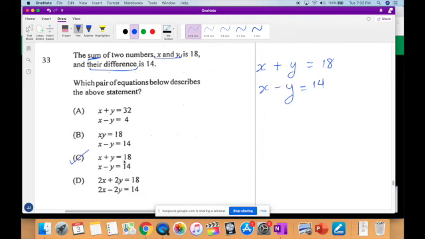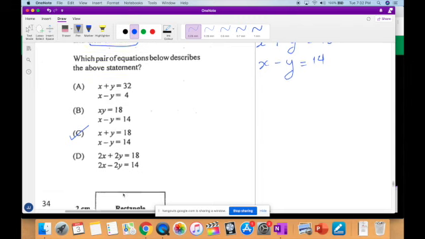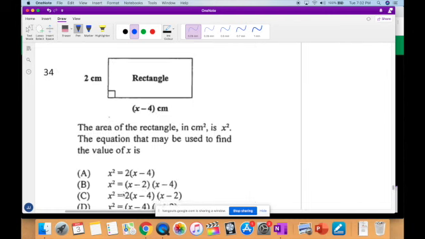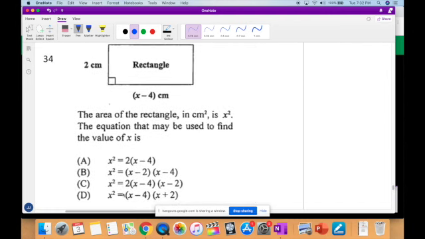Yes, C. X plus y is 18, x minus y is 14. And then the last one here. Remember one of the questions was repeated, so it's actually out of 33, not 34, right? 33 is the total. Or if you want, you can put it out of 34 and count the repeated question twice, no problem.